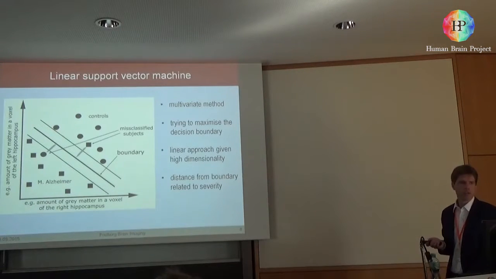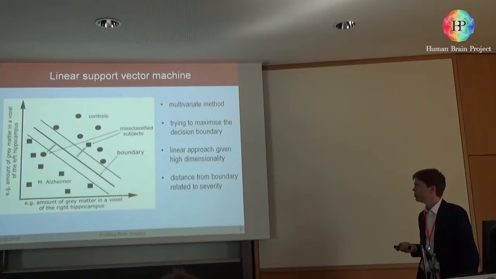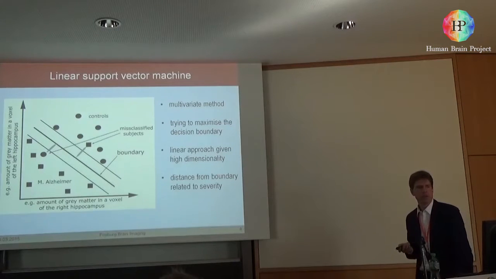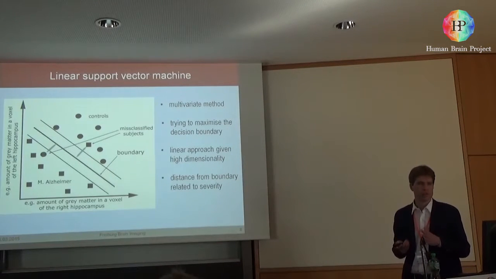I saw that on several posters yesterday, so it's quite a standard tool we use. The concept is illustrated here, and it is multivariate in the sense that it integrates information from several voxels in the brain.